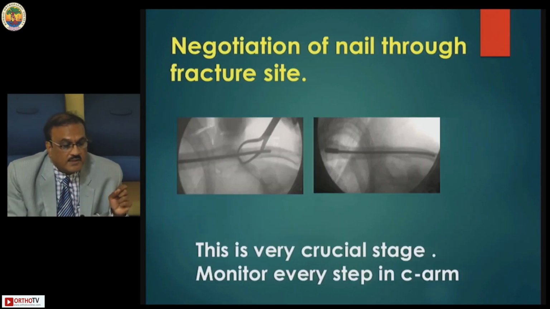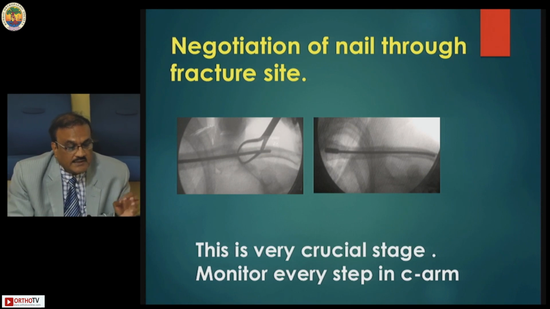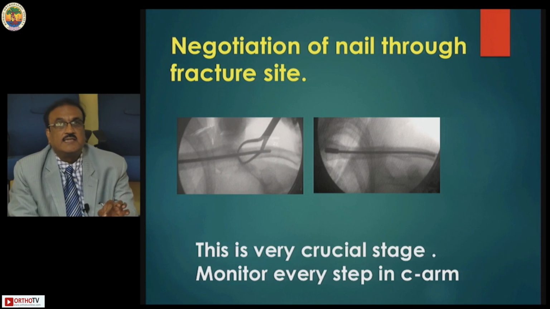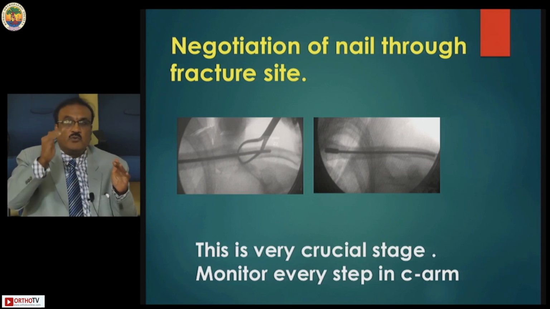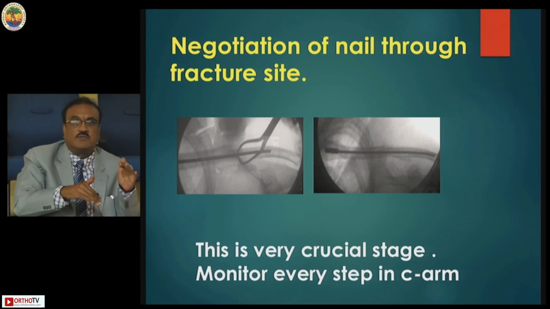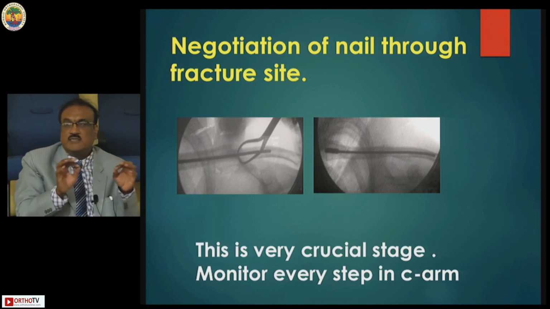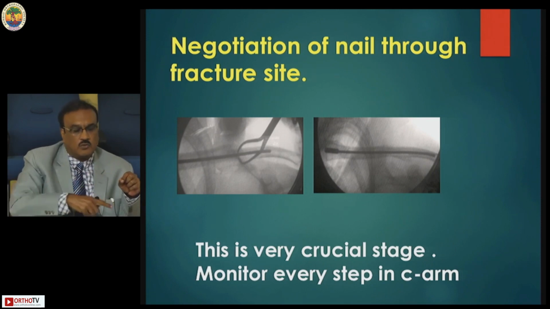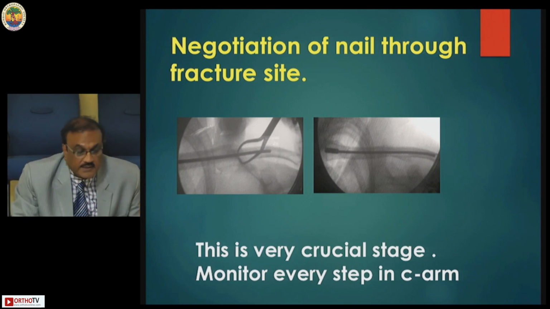So negotiation of the nail through the fracture site is a very crucial stage. Monitor every step in the C-arm. Otherwise, if you put the nail downward, there is the brachial plexus, so don't damage it. Therefore, it is very crucial. You reduce and then you pass the nail, otherwise don't attempt the reduction with the nail.